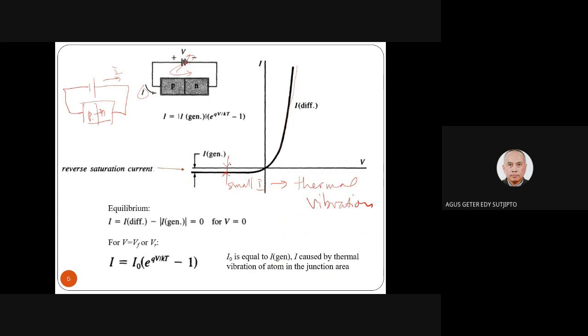So this is the reverse bias. The current flow in the PN junction is given by this equation. Later we will derive this as the diode current.